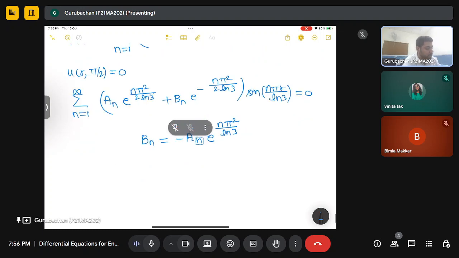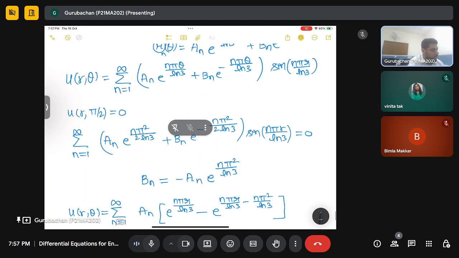Okay, so when you substitute this b_n in the given solution, or in your earlier solution, we'll get a_n to be common, and e to the power n pi theta by ln 3 minus a_n e to the power n pi theta by ln 3 minus n pi square divided by ln 3.